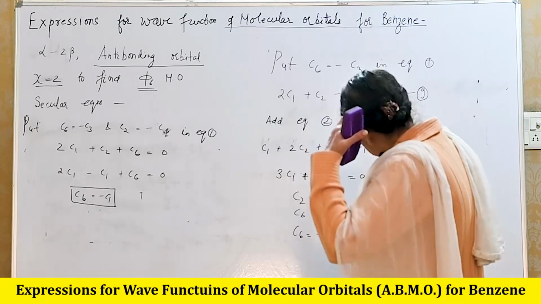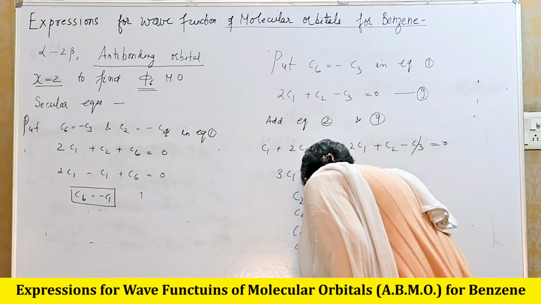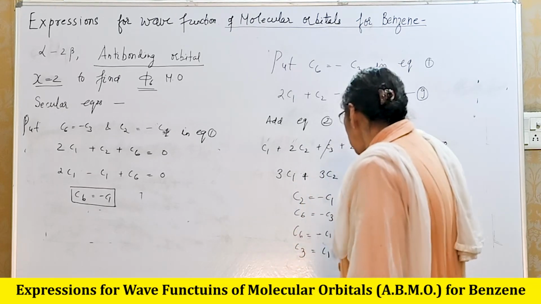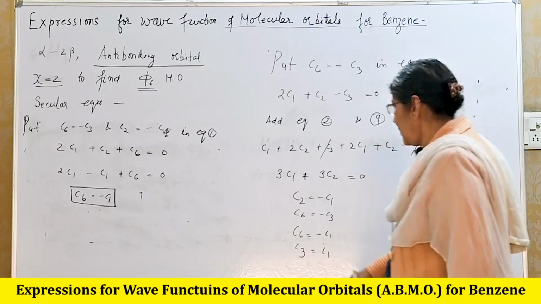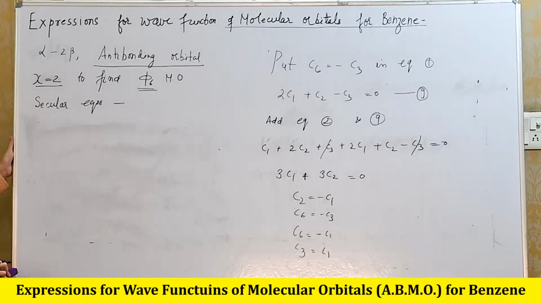Therefore C3 is equal to C1. C6 is equal to minus C1 and C6 is equal to minus C3, therefore C3 is equal to C1. Now put values of C2, C3 in equation 4.